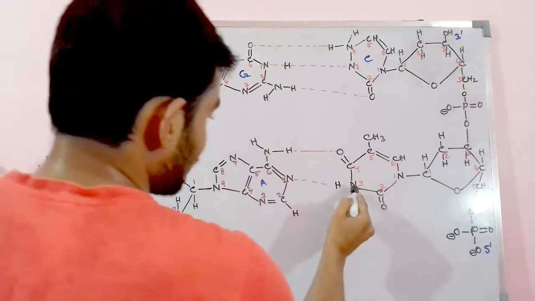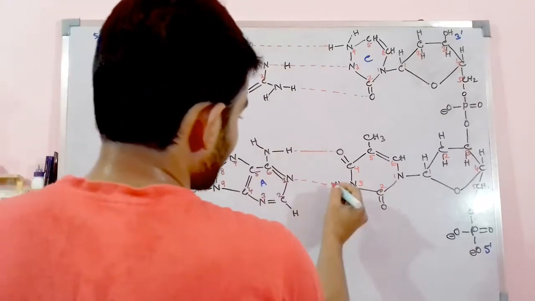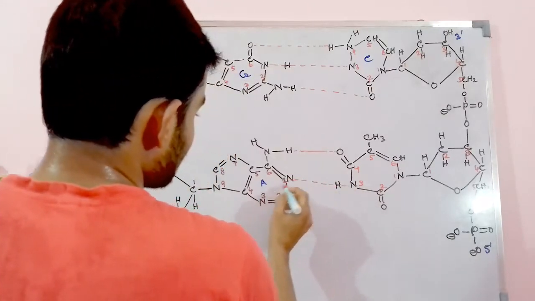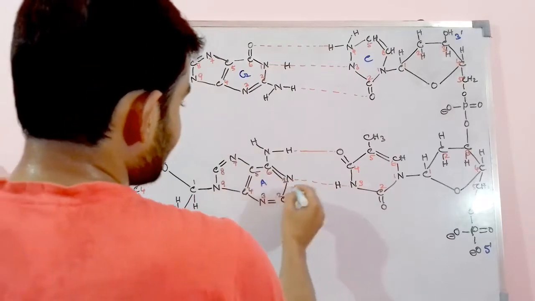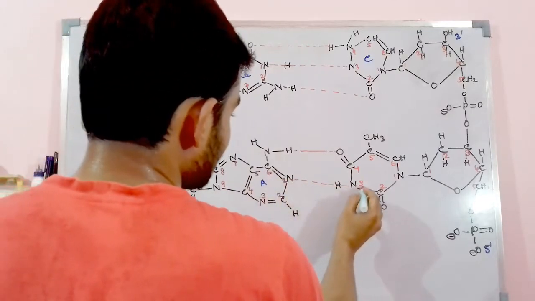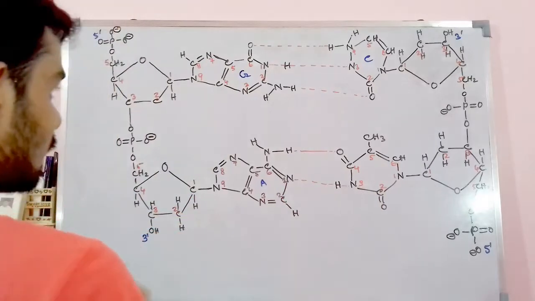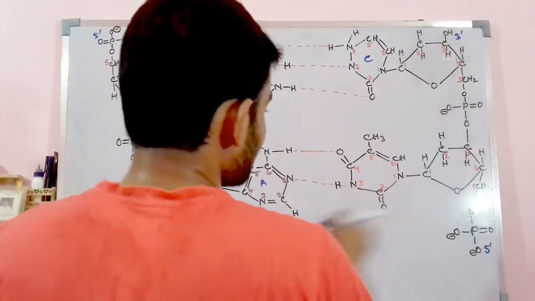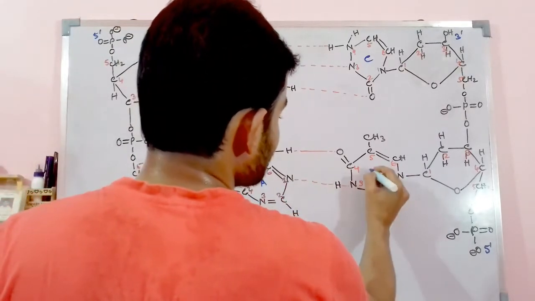This hydrogen is nothing but the hydrogen of this nitrogen. Okay, so the first nitrogen present here for the purine base, the adenine base, is forming the hydrogen bond with the third nitrogen of the thymine base. Thymine is a pyrimidine base, okay, thymine.